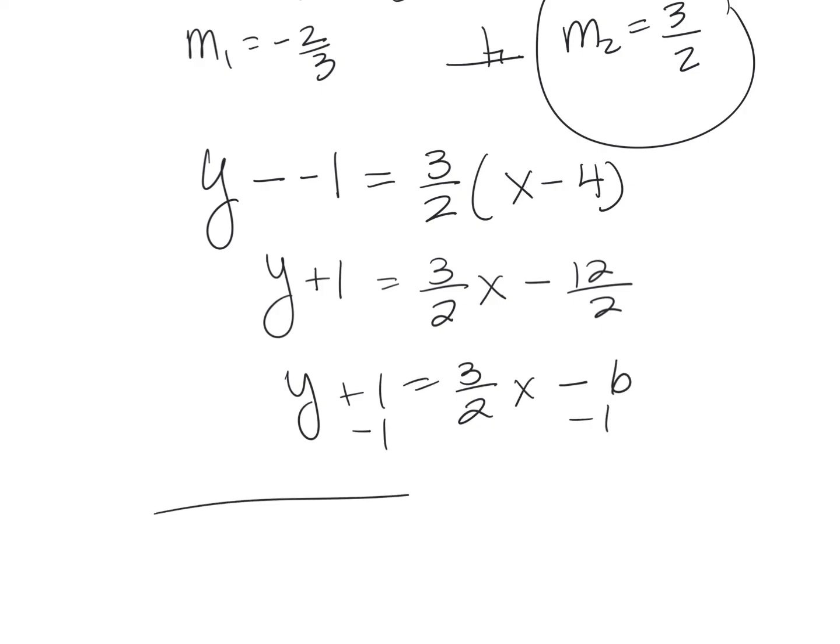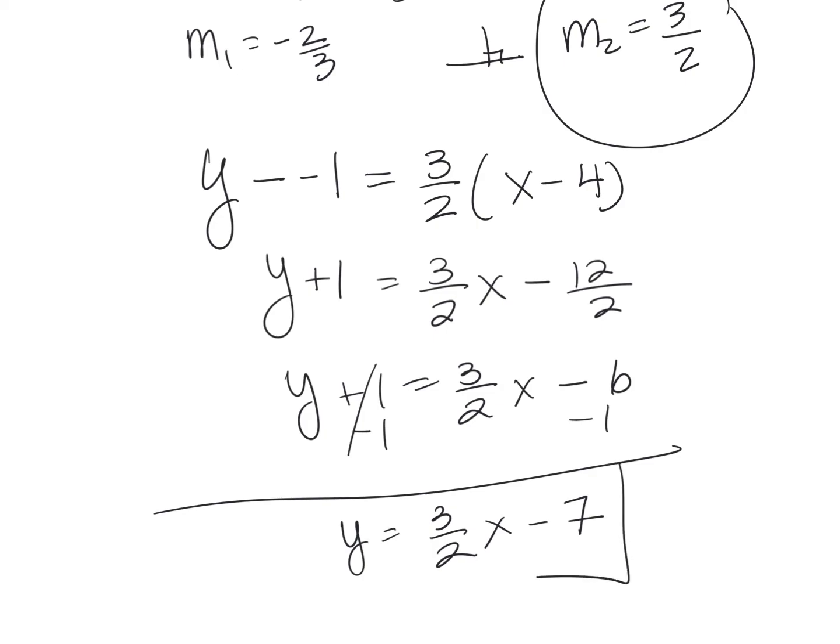Subtract the 1 from both sides. y equals 3/2 x minus 7. And that would be the answer to my perpendicular line through that point. We can real quick show you what that looks like on Desmos.